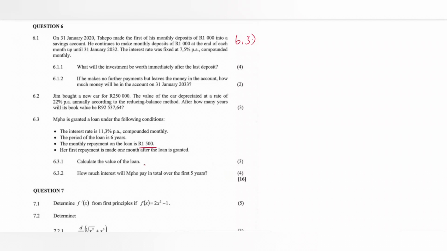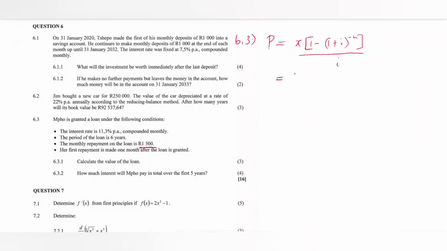When you are calculating the value of the loan or the loan repayment, all those things, we are going to use the present value annuity, which is P is equal to x open bracket 1 minus 1 plus i raised to the power negative n, all over i. So the monthly repayment is 1,500.